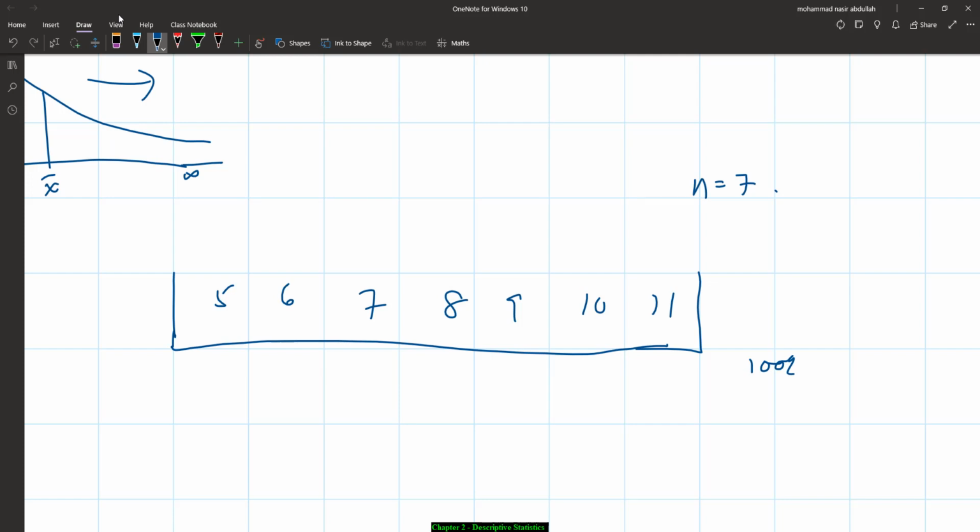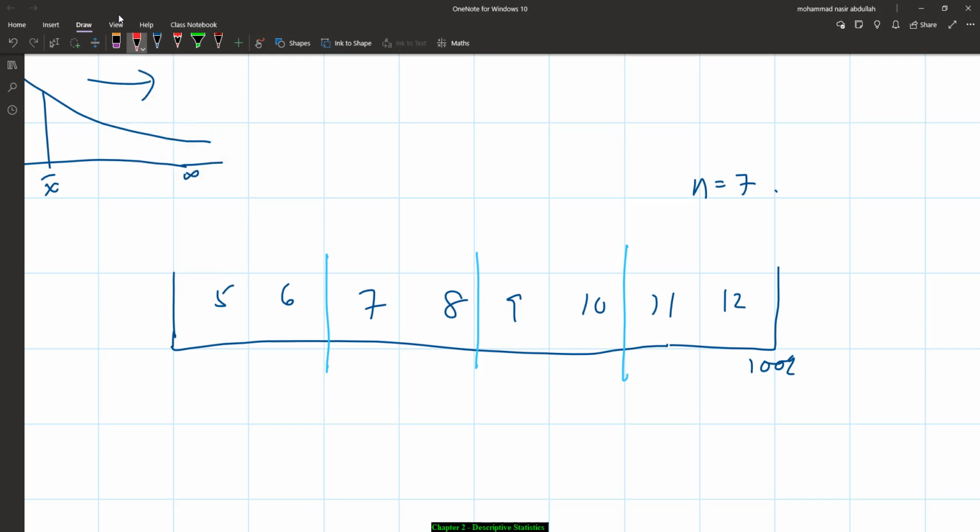Quartile divides the data into 4 parts. Let's say this is the first part, this is the second part, and this is the third part. And then add one more line so it looks complete.